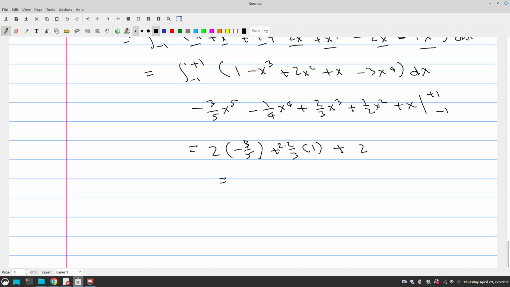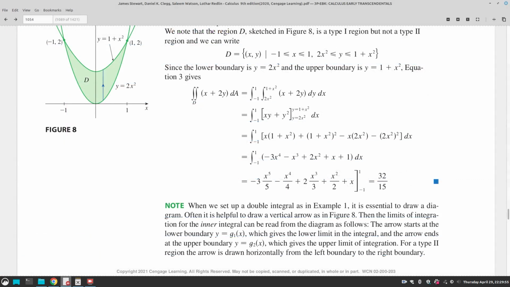Negative 10 by negative 6 by 5, which is negative 18 by 15, plus, so 4 over 3, 20 by 15, plus 2, which is 30 by 15, and the answer is 32 over 15. Right, now this makes sense. Yeah, 32 by 15.